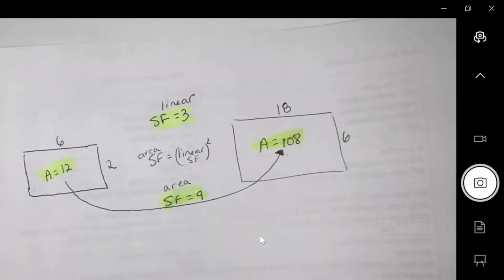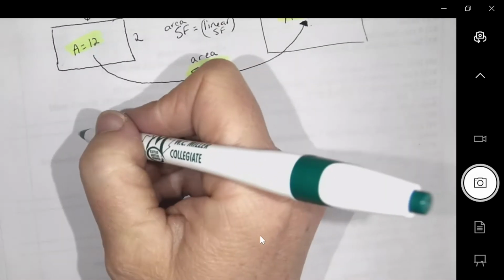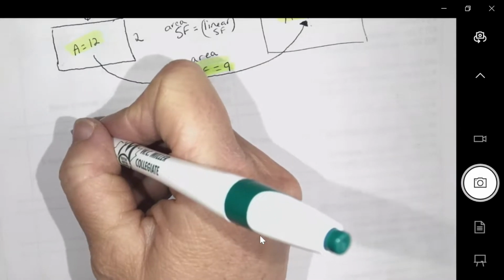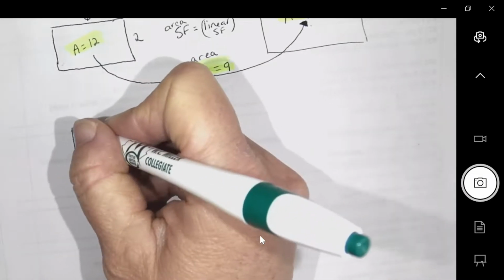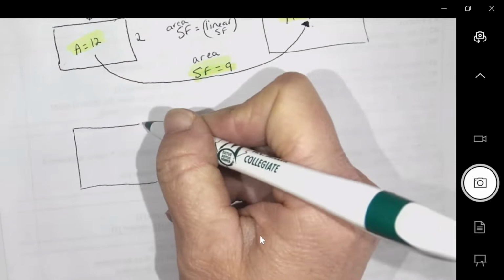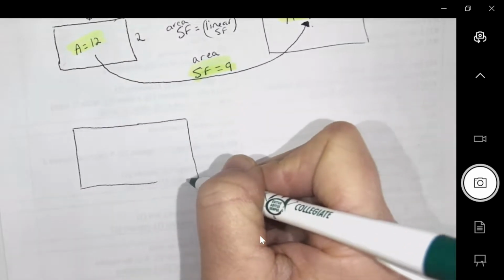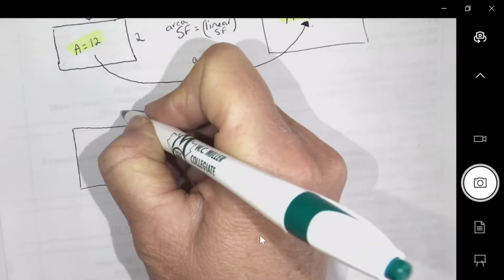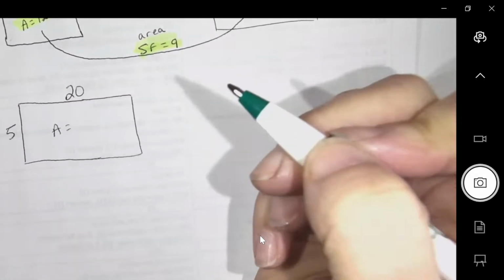Okay, let's go with a 20 by 5 rectangle. What's the area of it?